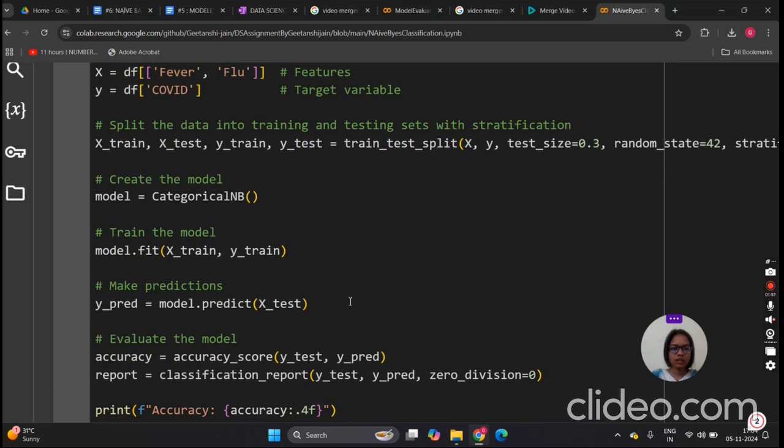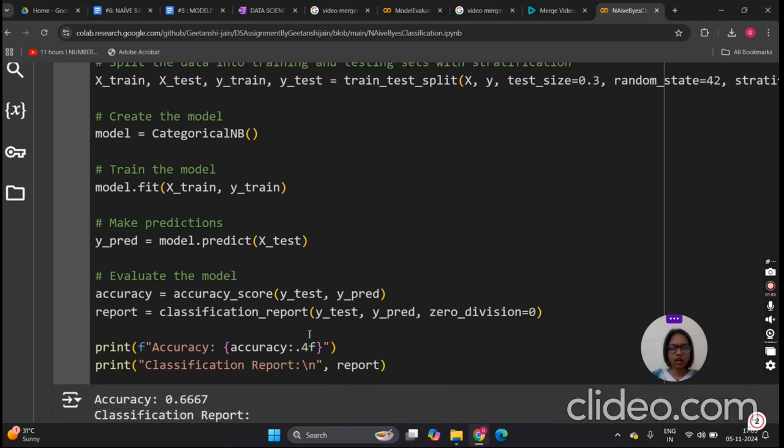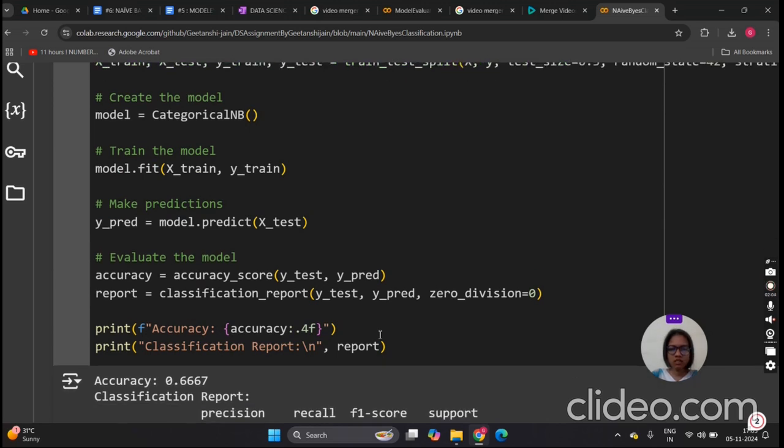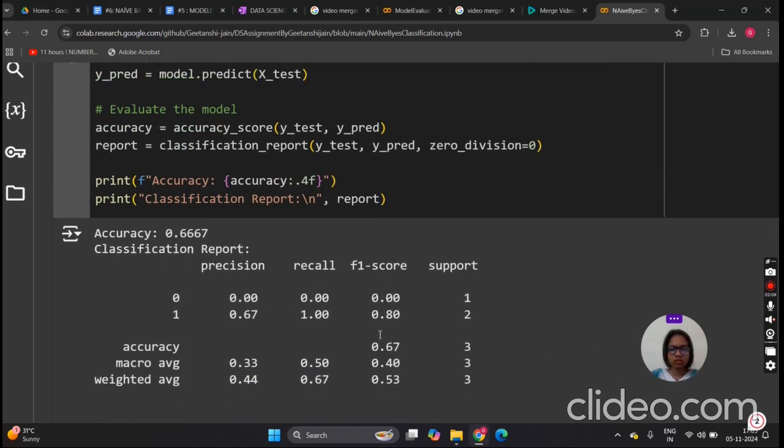Train the model, model.fit X_train, y_train. Make predictions using the model.predict function, calculating y_pred using the X_test data set. Evaluate the model: accuracy is equal to accuracy_score of y_test, y_pred. Report the classification report of y_test, y_pred, zero_division 0, accuracy to 4 decimals.